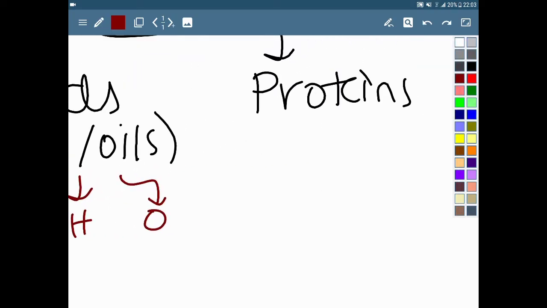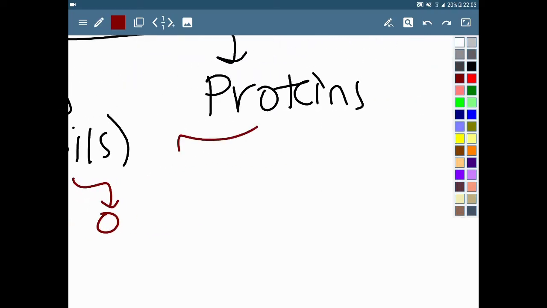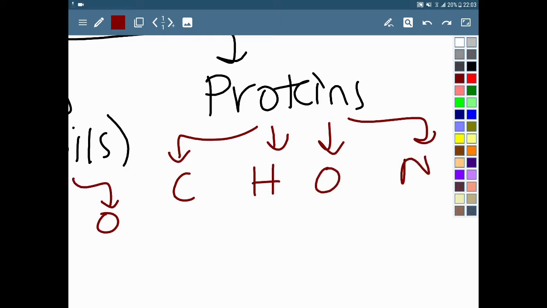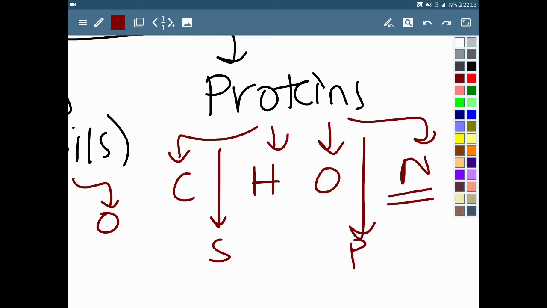The last thing is proteins. Proteins, it's the only one that contains nitrogen. It sometimes contains sulfur and phosphorus. So it's the only biological molecule that contains nitrogen.